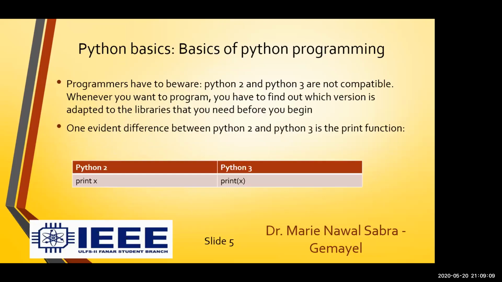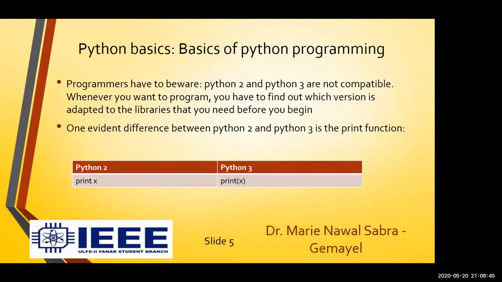One thing in Python, this is maybe particular because Python is open source. It's a free software. Python 2 and Python 3 versions are not compatible. So if you want to write a code, you have to first look for the version of Python that you will have to use. So we are going to look for the libraries that you need and check they are adaptable to which Python, because within Python 3 also you have different versions, we are up to Python 3.8 now.